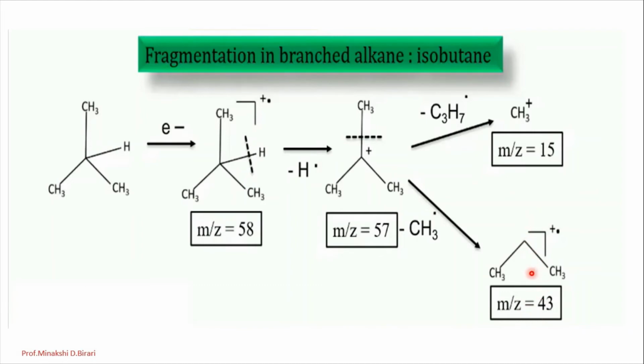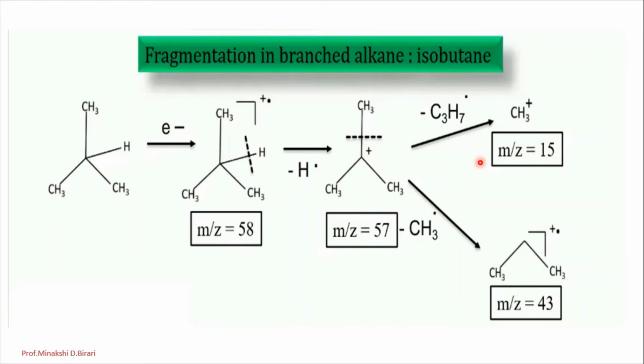So we know that the cleavage occurs at the branching point or at the alkyl substituted carbon atom. So in a branched chain alkane, the cleavage occurs more readily than in a straight chain alkane. When the cleavage occurs, it gives a stable carbocation.